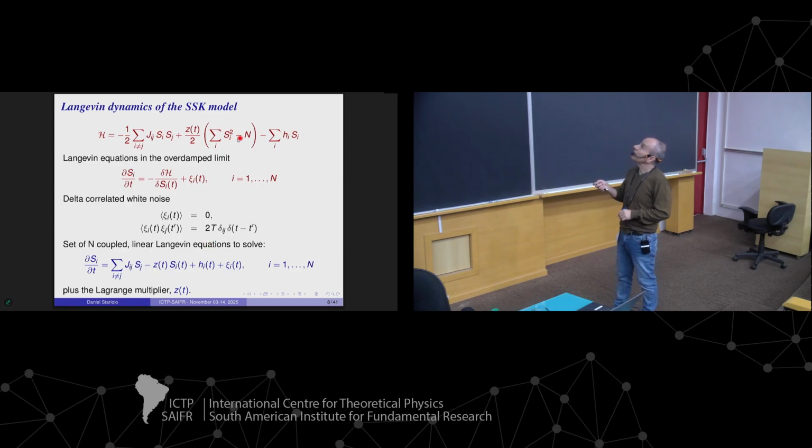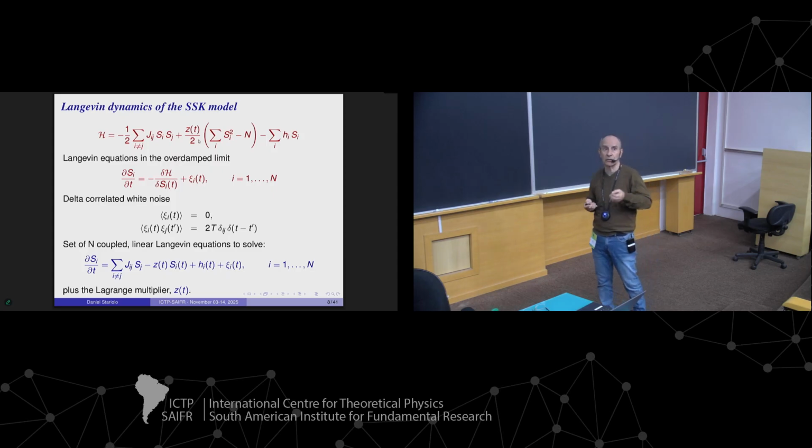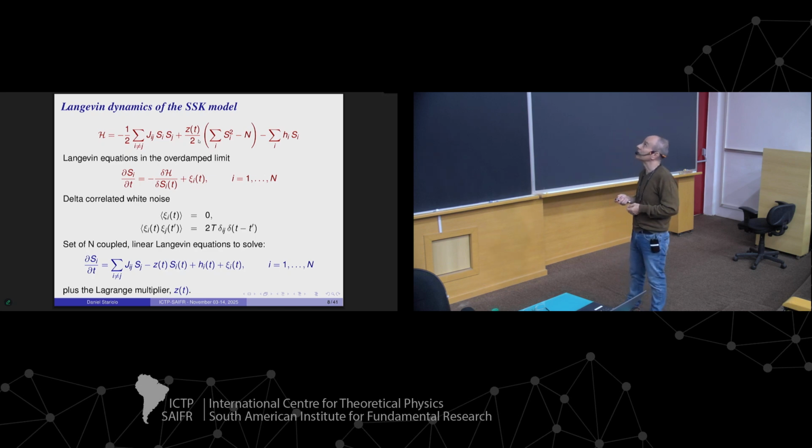Okay, here you can see that we have incorporated the spherical constraint with the Lagrange multiplier. Z of t is a Lagrange multiplier that has to enforce the spherical constraint at each time. So it is a function of the time. It's not simply a constant or a function of the variables, but it is a function of the time. This quantity will be very important for this model, and we will see that it encodes all the complex behavior of the dynamics of the model.